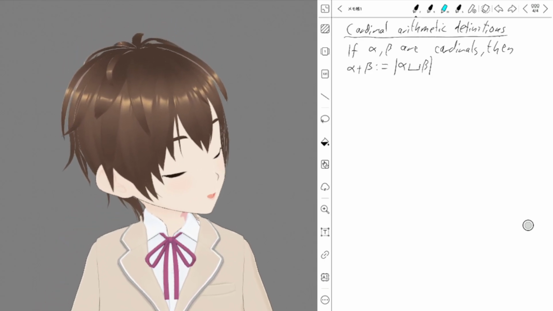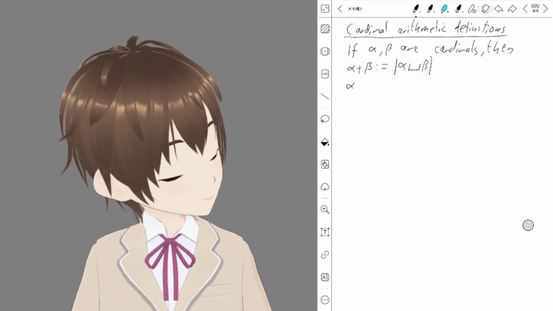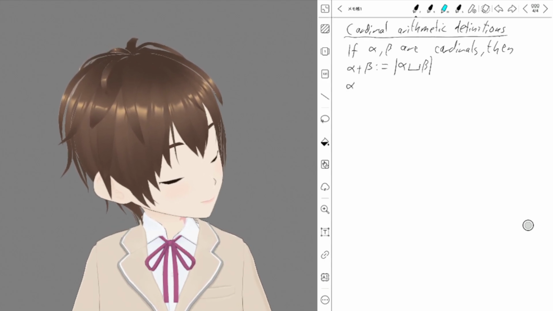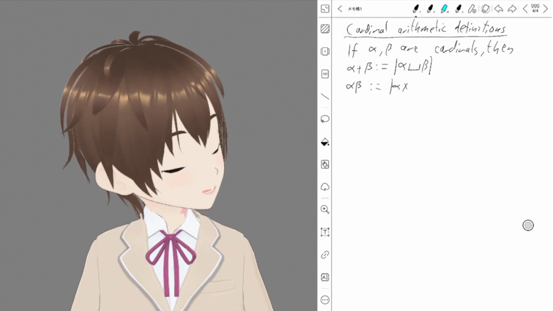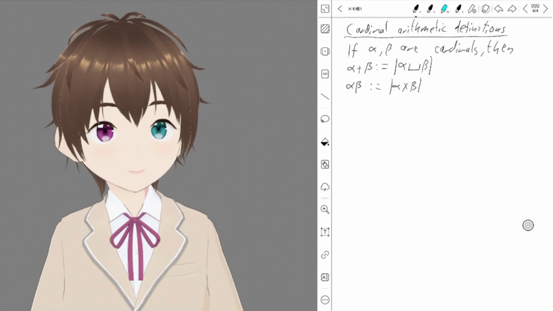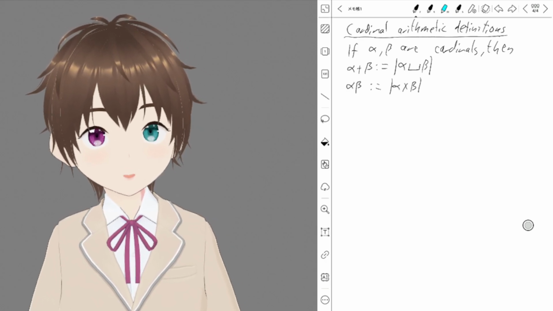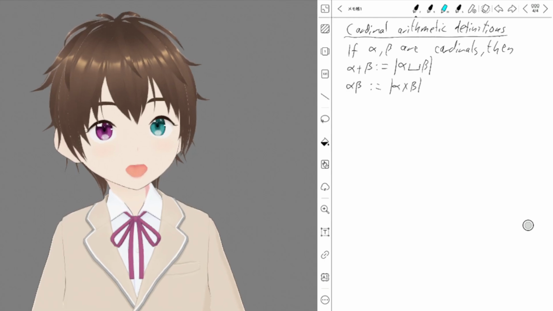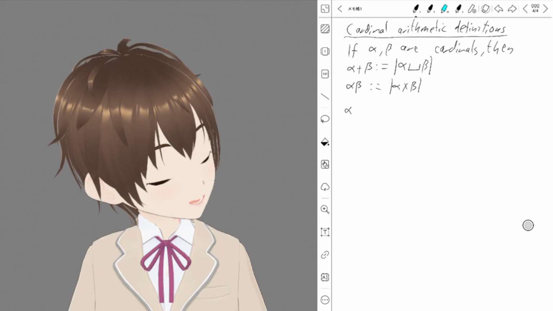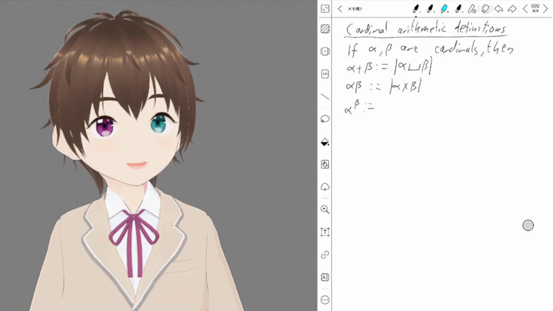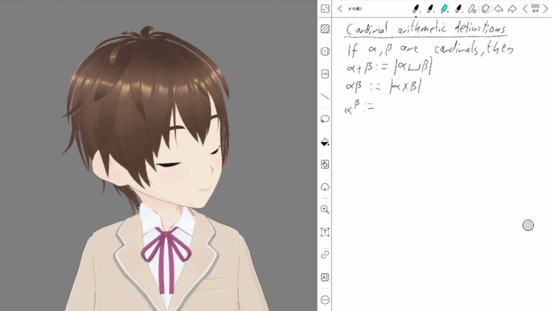And we define alpha times beta, which is alpha beta, to be the cardinality of the Cartesian product of alpha with beta. And in fact, let's go on to exponents as well, because I'll talk about those near the end of the video, and this is a convenient point to sneak them in. So we do alpha to the power of beta. This is the cardinality of the set of functions from beta to alpha.